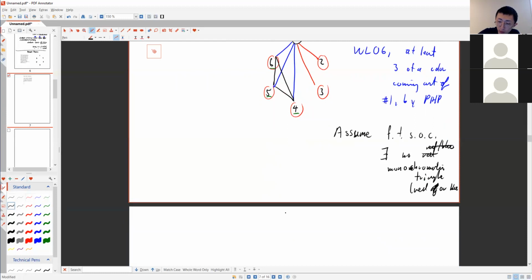So in the language of Ramsey theory, this means that R(3,3) is 6. What do I mean by that?